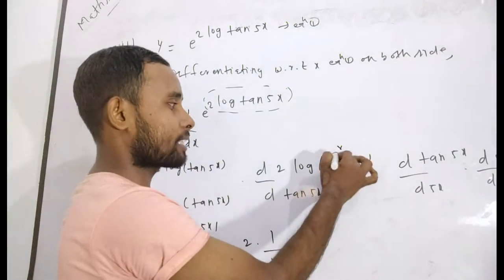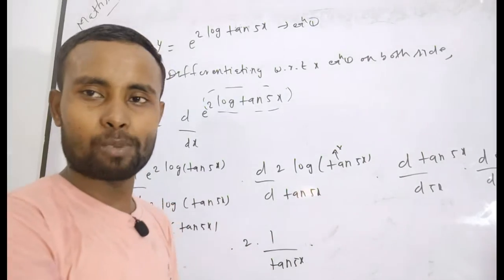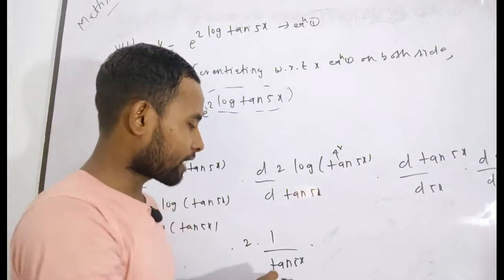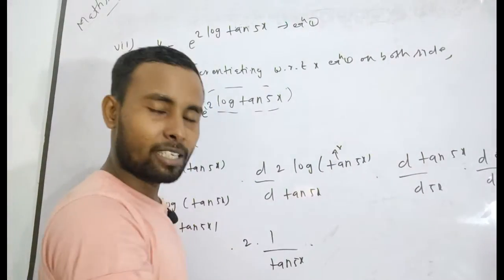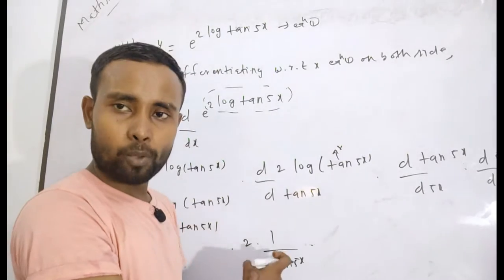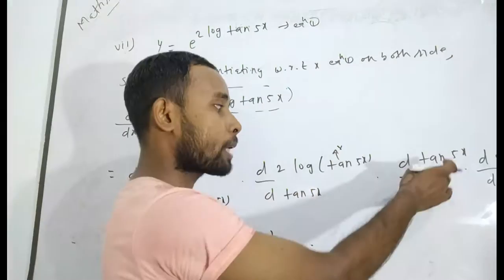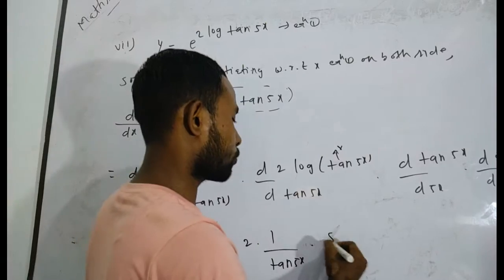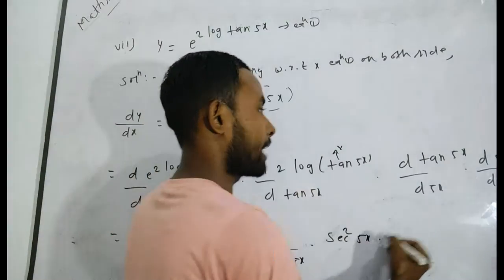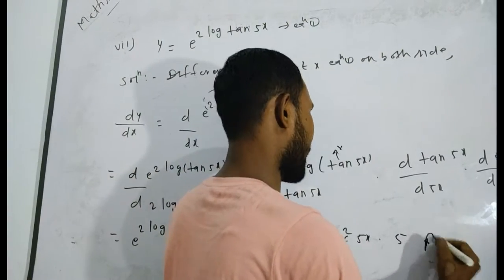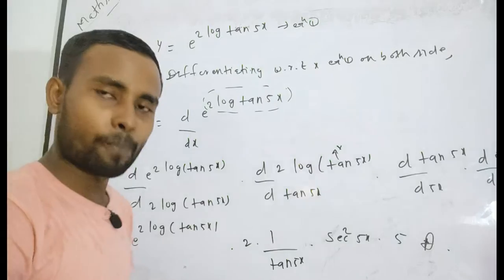Suppose that this is capital X; the derivative of log capital X with respect to X will be 1 upon X. In place of X, tan 5x has been given, so I write here 1 upon tan 5x. The derivative of tan 5x with respect to 5x will be sec square 5x, and the derivative of 5x with respect to x will be 5, which is the correct answer of this question.